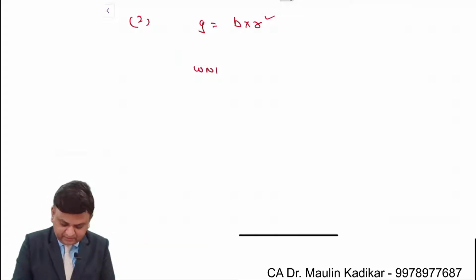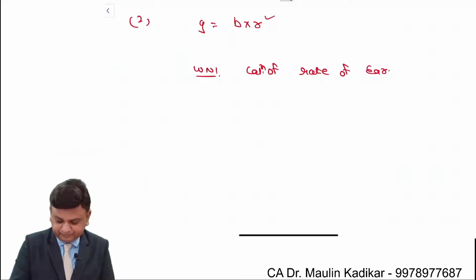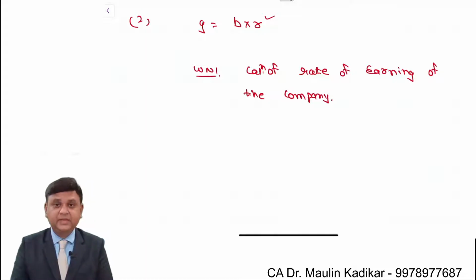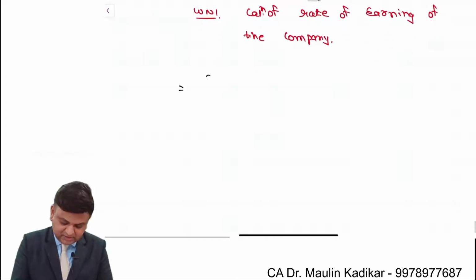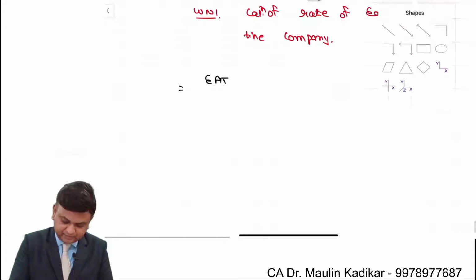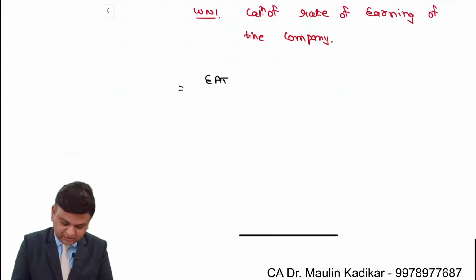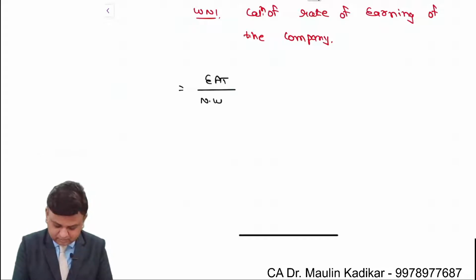Working note number 1. Calculation of rate of earning of the company. Let us see how to calculate it. It is earning after taxes divided by net worth, multiplying with 100.